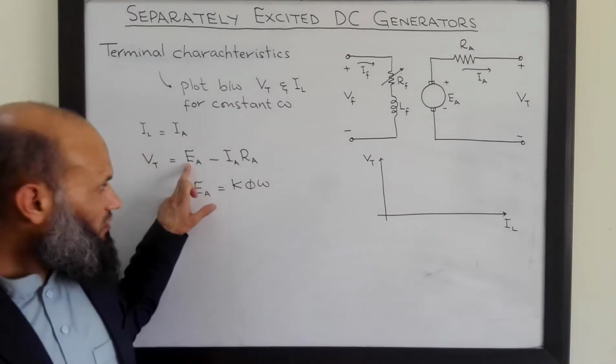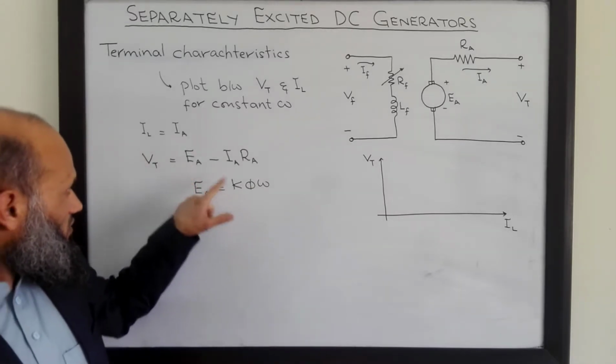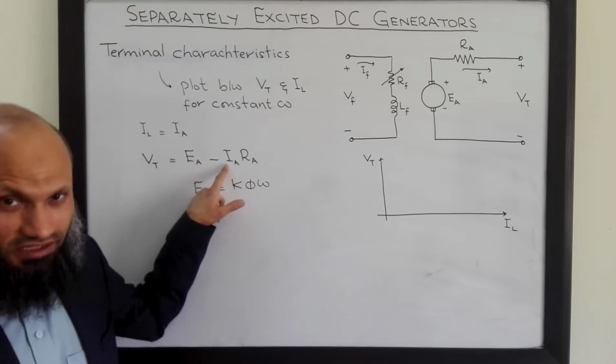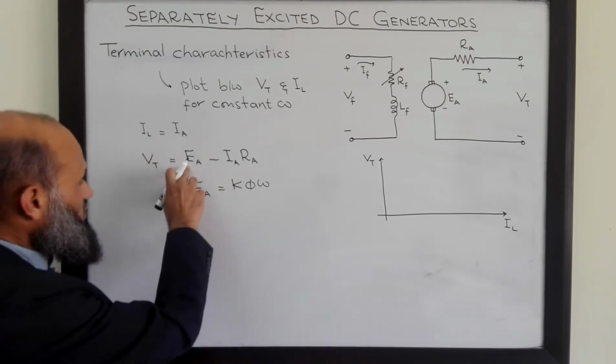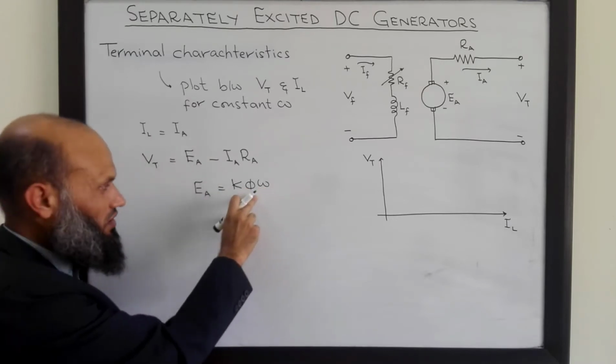This generated voltage does not depend upon the load current, that is the armature current. It is constant for a given omega and phi.